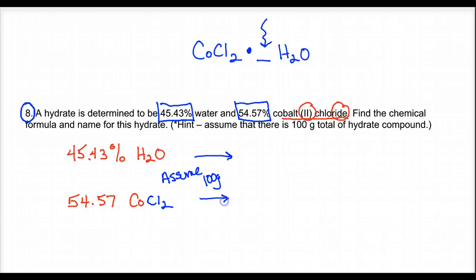Now once we've made those donkeys, we have 45.43 grams, and then we have 54.57 grams. It's a nice little conversion: percentages right to grams if we have a 100-gram sample. Now the next step is to convert this into a how-many number, like a dozen. That's what a mole is, a word that describes a number.